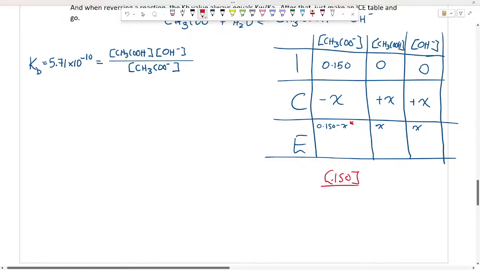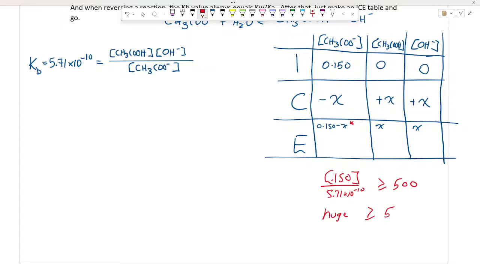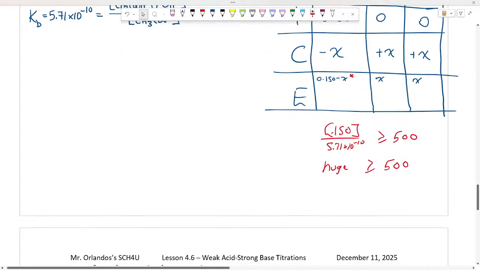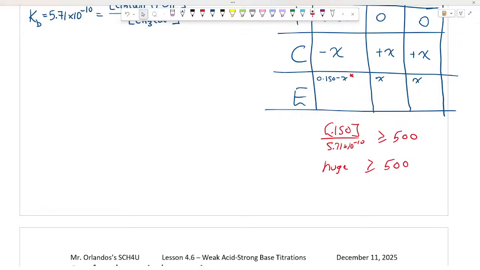0.150 divided by, in this case, what? 5.71 times 10 to the negative 10. Is that greater than or equal to 500? This number is going to be huge, and huge numbers are bigger than 500. Somebody do the math. It's going to be 3 times 10 to the 9-ish, a little less than 3, more than 2, like 2.7 times 10 to the 9. Somebody do that on the calculator.